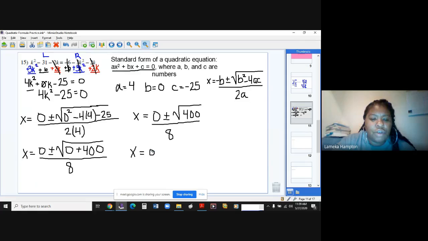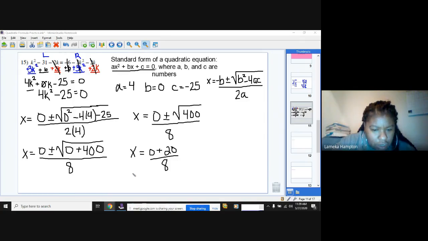Okay, so I have 0 plus 20 over 8. And then, let me move this. Okay, now I'm not going to have enough room for that. And then I have x is equal to 0 minus 20 over 8.